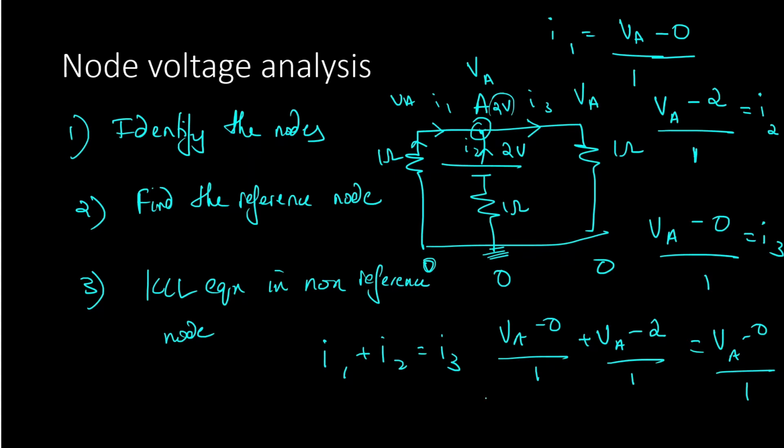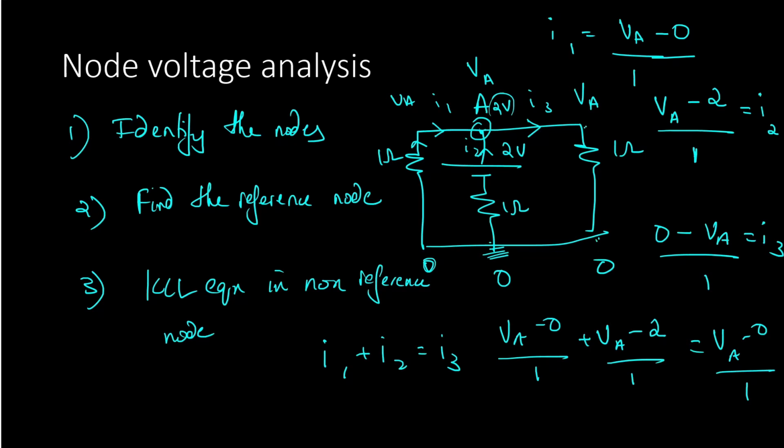So what do we obtain here? I3 is not VA minus 0, it is 0 minus VA by 1, because this is at 0 potential and this is at VA.